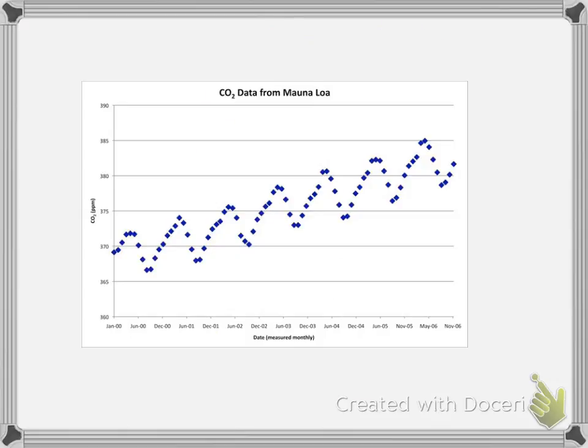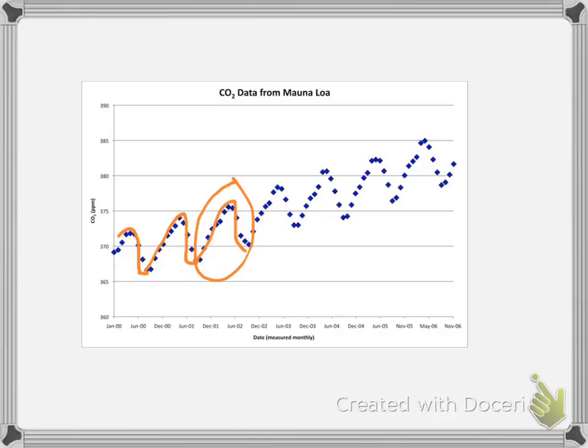Okay, so if we look at this chart, you can see that there is this pattern here that seems to happen over and over again. So you can see it goes up and down, up and down, up and down.